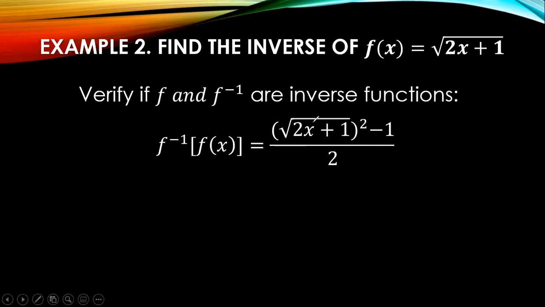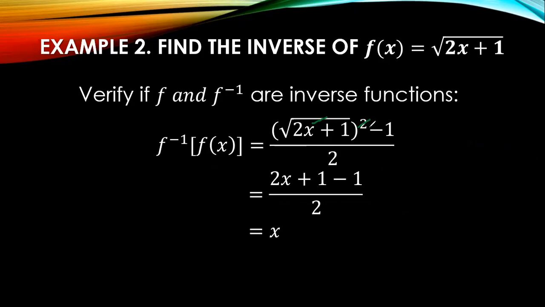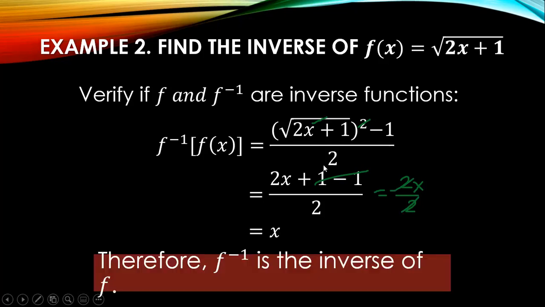So, yung square root, naka-square. So, pwedeng i-cancel out yan. Ang matitira ay 2x plus 1 minus 1 all over 2. So, bakit naging x na lang ulit? So, 1 minus 1 is 0. So, naging 2x over 2. So, cancel out lang si 2. So, ang answer ay x. So, therefore, tama po ang ating sagot.